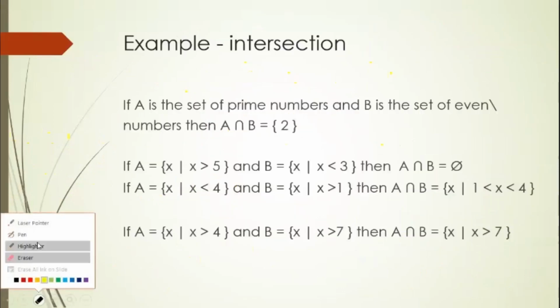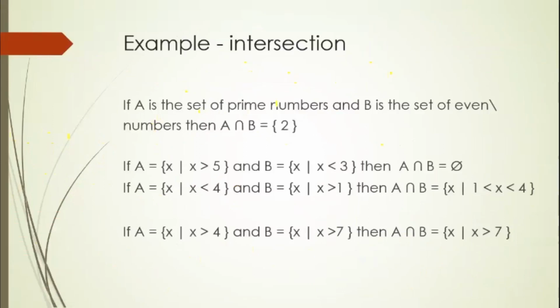We have here, if A is the set of prime numbers and B is the set of even numbers, then A intersection B is equal to 2. How?